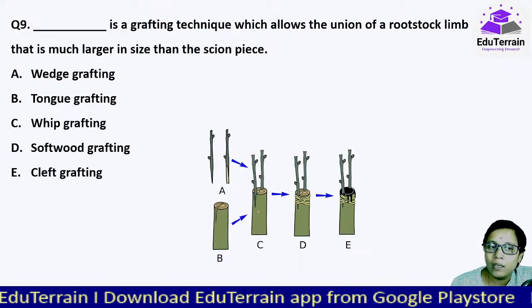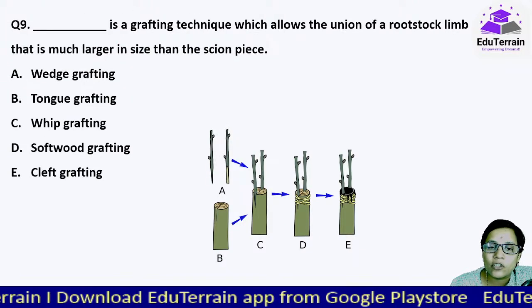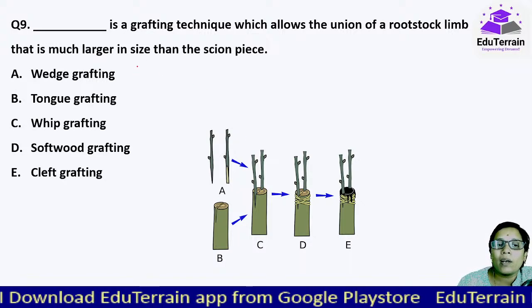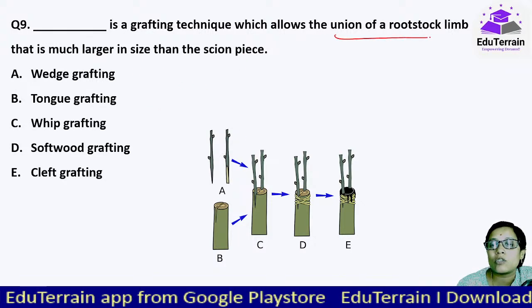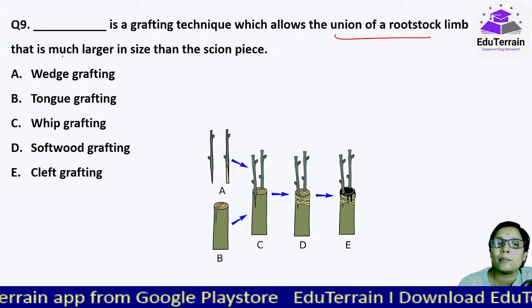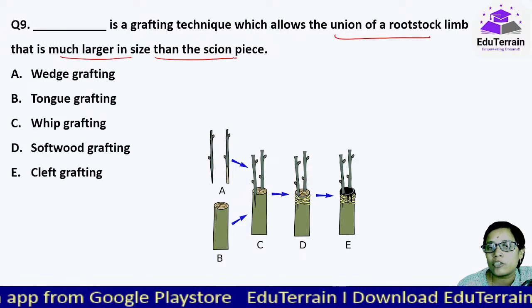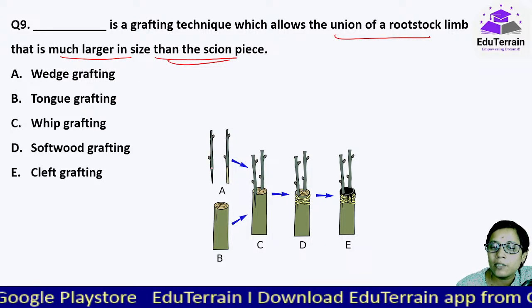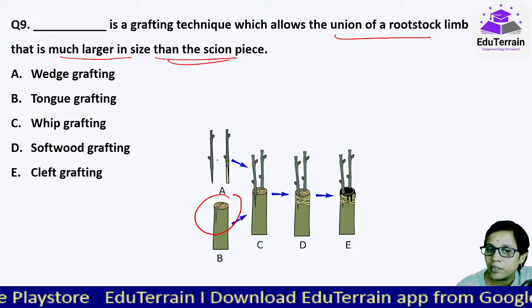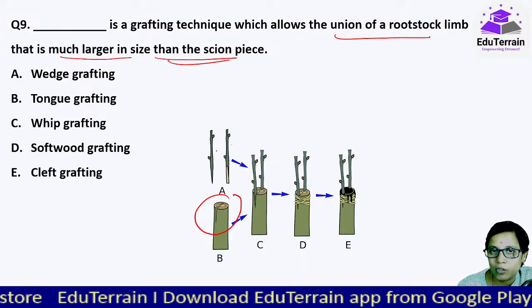Okay. Moving on to our next question. Which of the following grafting techniques allows the union of a rootstock that is much larger in size than the scion piece? This is the rootstock, it is much larger, and these are the scions which are very small in size.